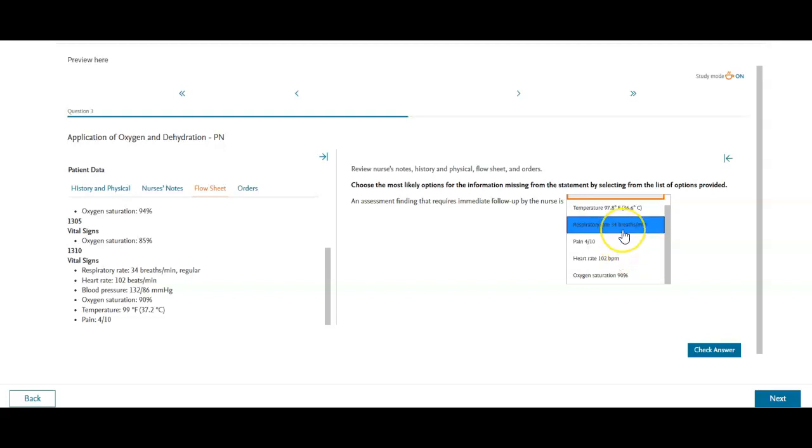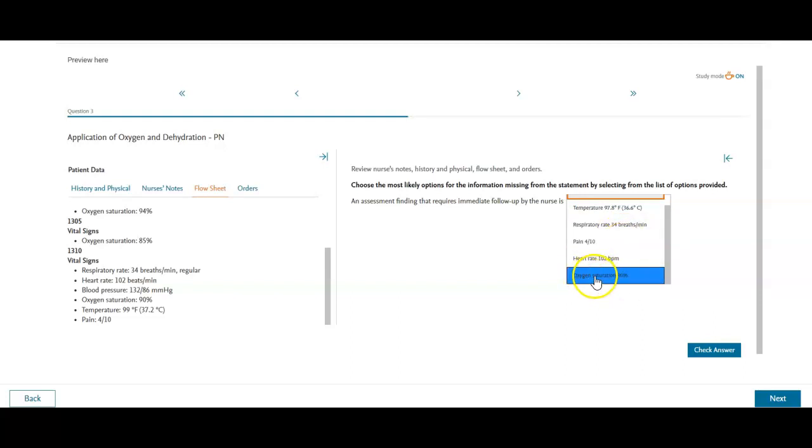And so I have 3 things that are abnormal here. 2 are respiratory related, and then 1 is more circulatory. So I'm going to think about my ABCs here. And so pick whichever one you think is most indicative of a problem.